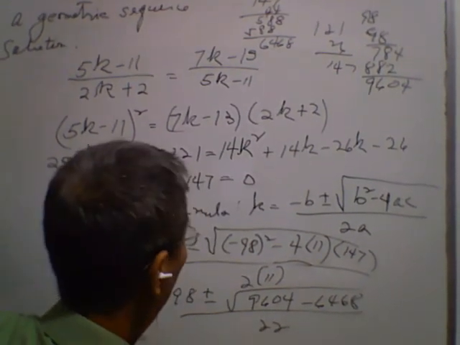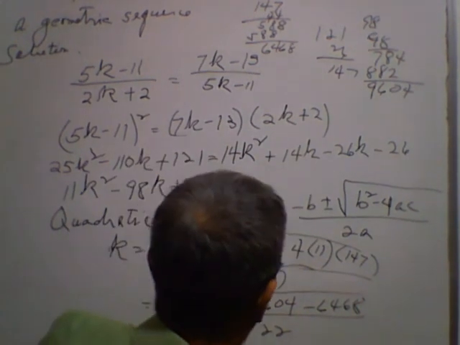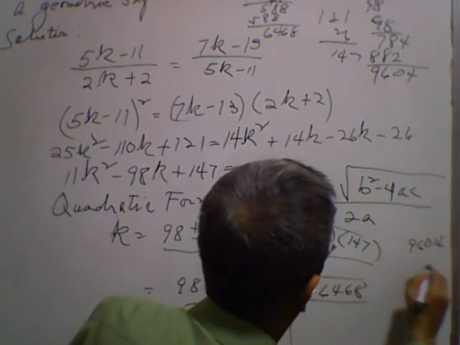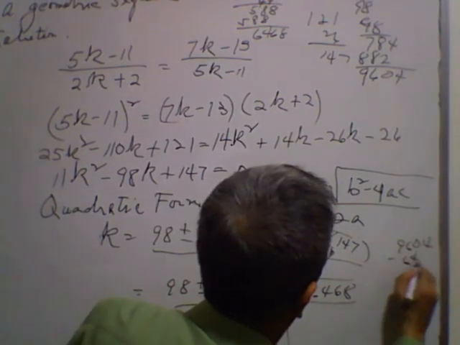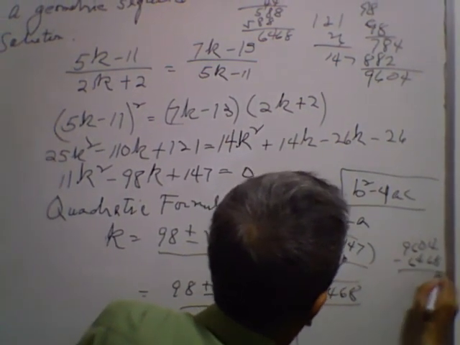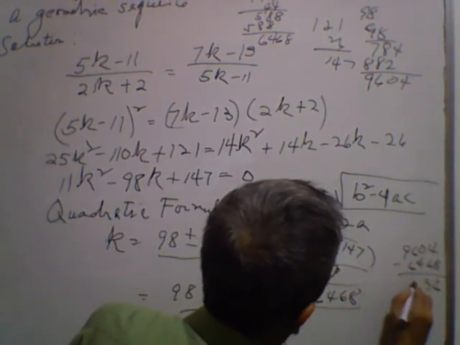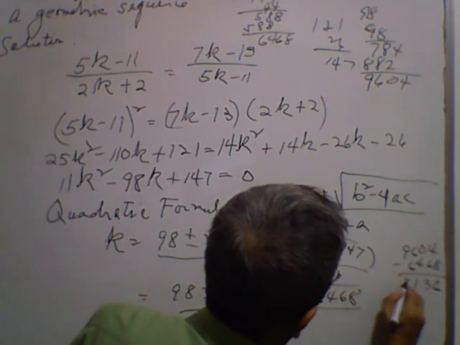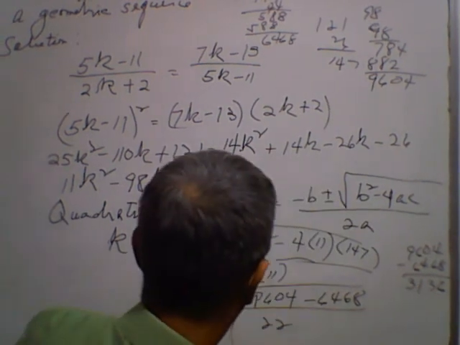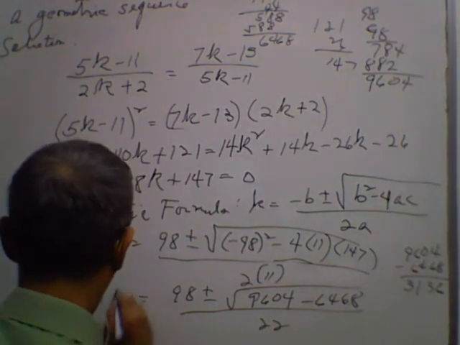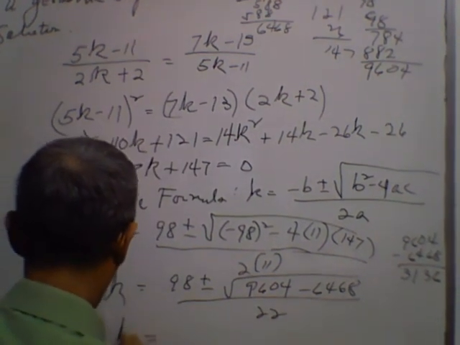So what will happen? So 9604 minus 6468 will become 3136. So this is k and this is also k.